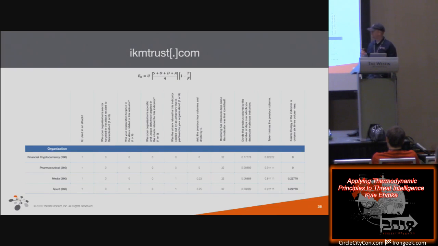For IKM Trust, similarly, while we don't have any information on the organizations or data types that were specifically targeted, it was used in a Fancy Bear operation. Fancy Bear has previously targeted media and sporting organizations, so there's a 1 in that A variable for those organizations. And they end up having the same kinetic energy for this indicator because their deprecation period is the same.